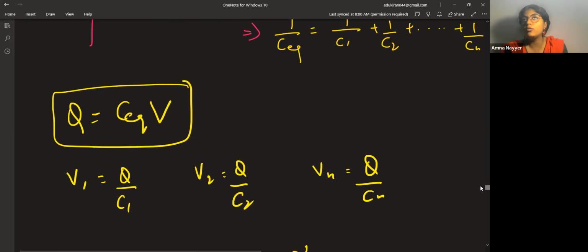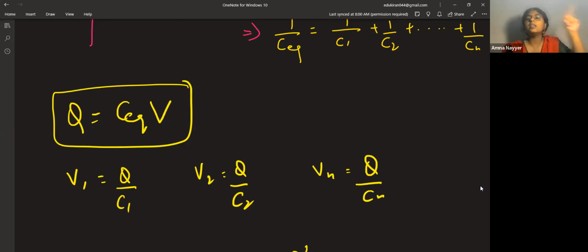Now, if I want to find out the net charge for the overall circuit, see, individual charges are something else, right? But when we are talking about series connection, the individual charges and the total charge of the circuit are all the same, right? Because charge is the quantity that is passing the same through all the capacitors.